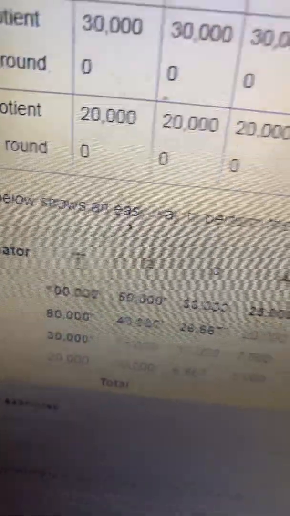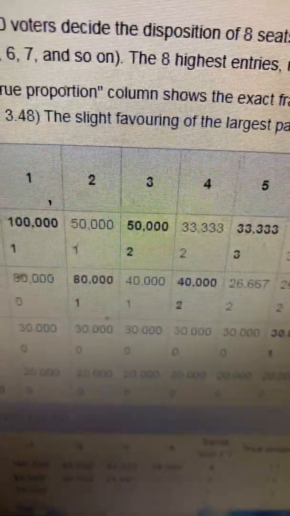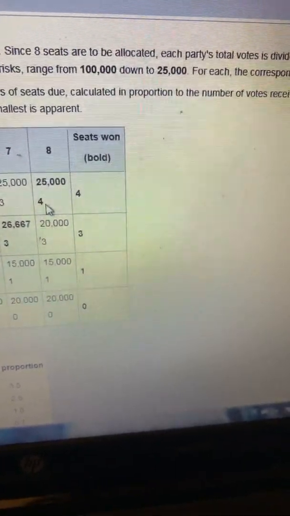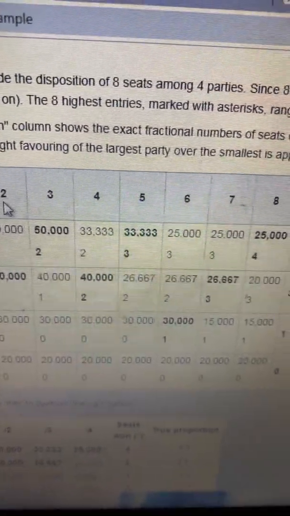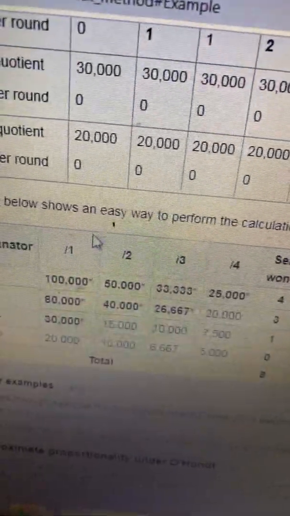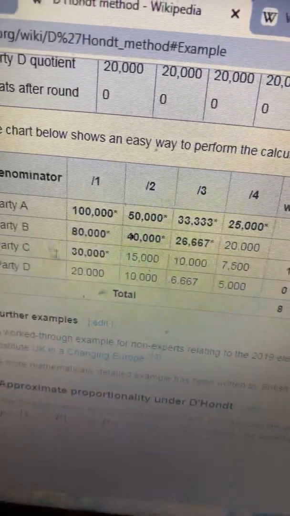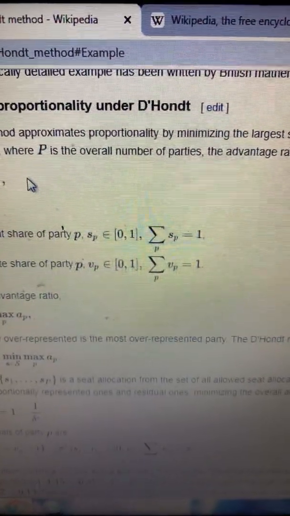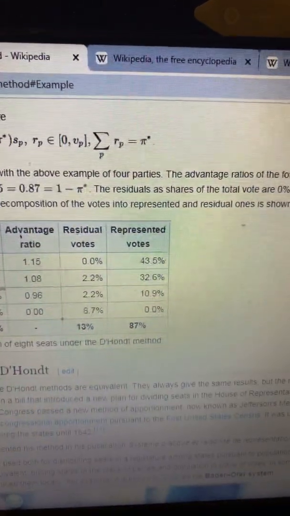And then there are 8 seats, so divided by 1, 2, 3, 4. Oh, why not 8? Oh, this is mathematics.